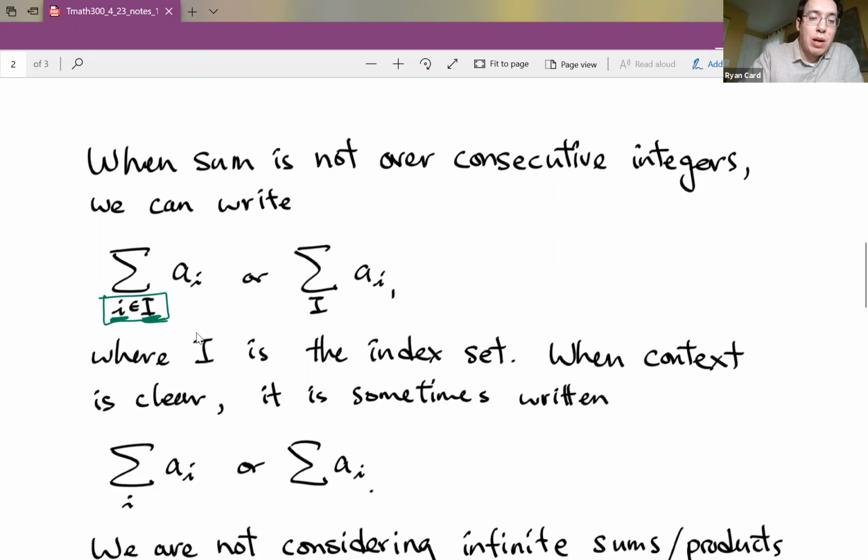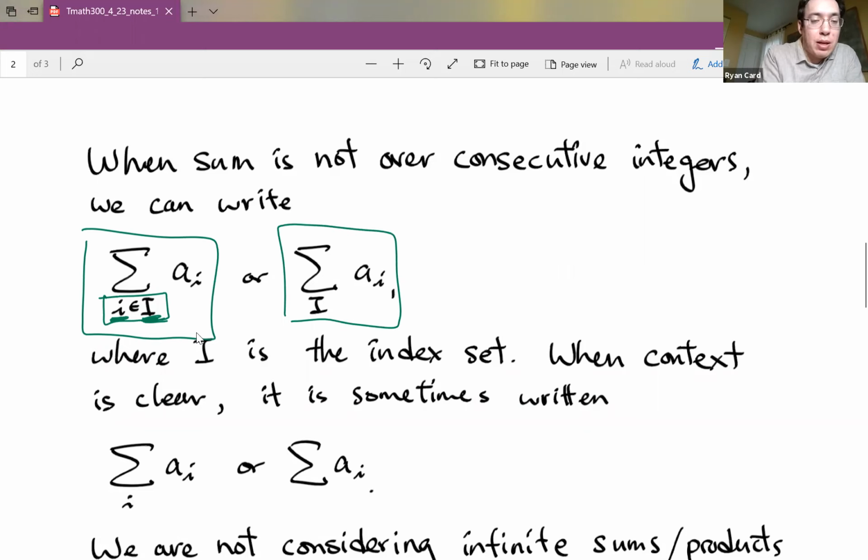So you want to describe the set first that you're adding over, and then you can rewrite it like this to indicate that you want to sum over every element of I, capital I. And sometimes authors get lazy and they don't write i belongs to capital I, or maybe they just write the name of the set that it's summing over.